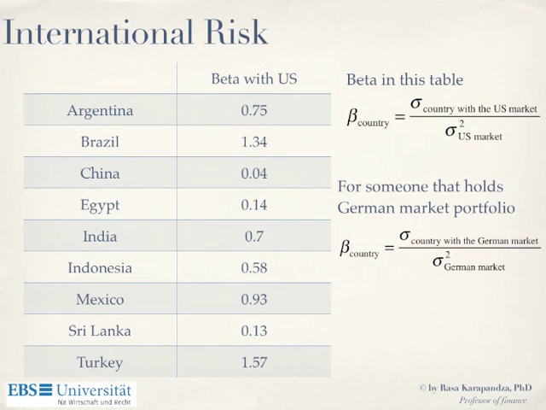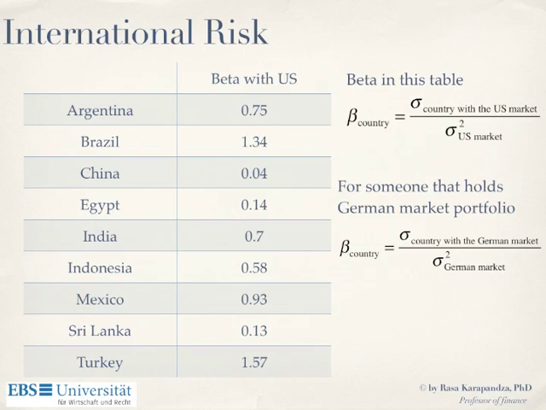So, you can also diversify your money internationally. And then for you, the important thing is beta of these markets with your domestic market. So if your domestic market is the US, if you're holding the US market portfolio, it doesn't mean where you are born or where you are living. It means where most of your money is invested.